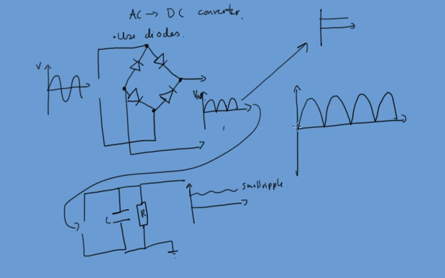So what we do is, when the current comes in here, and as the current increases, the capacitor charges. So once it gets up to here, the capacitor is fully charged. So our capacitor is fully charged here, and then it discharges.